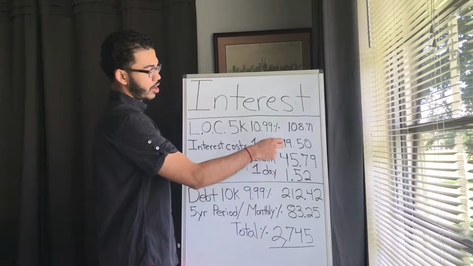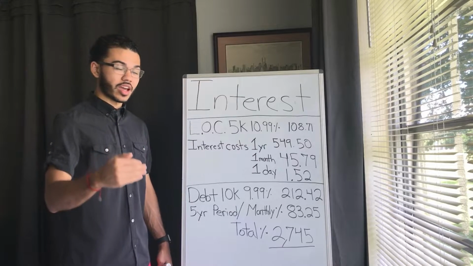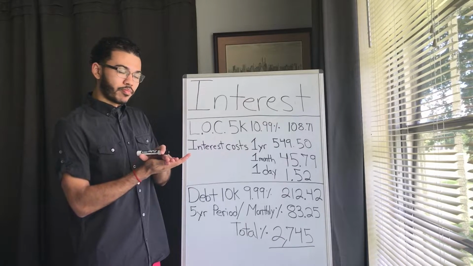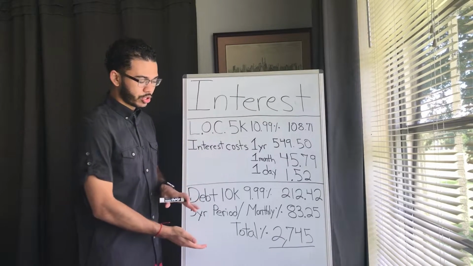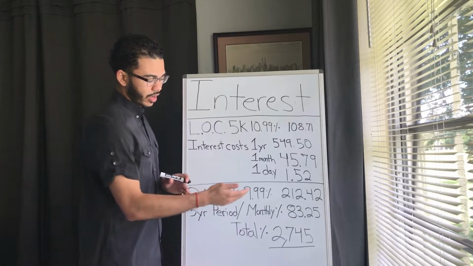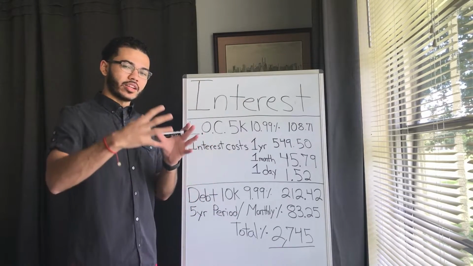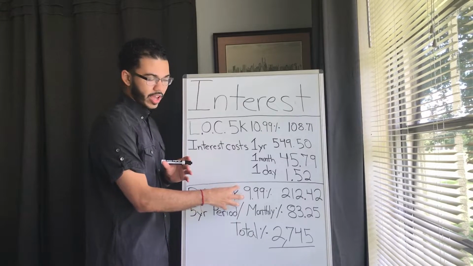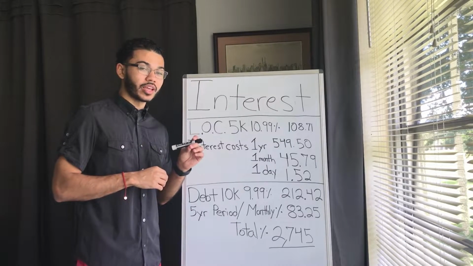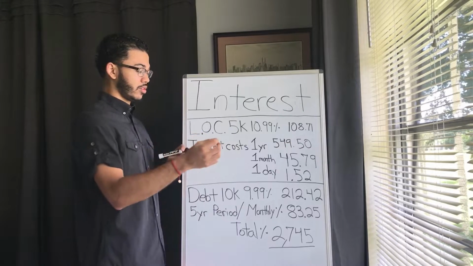Same thing when we're talking with a line of credit, when the interest is calculated simple, okay, it has to get broken down a little bit more as opposed to an amortized. Amortized is pretty simple. There's calculators for it, and you just plug in the numbers and the interest gets calculated on the entirety of the debt. Whereas opposed to a line of credit, it's a little more complicated, but it's actually better in terms of interest costs, right?